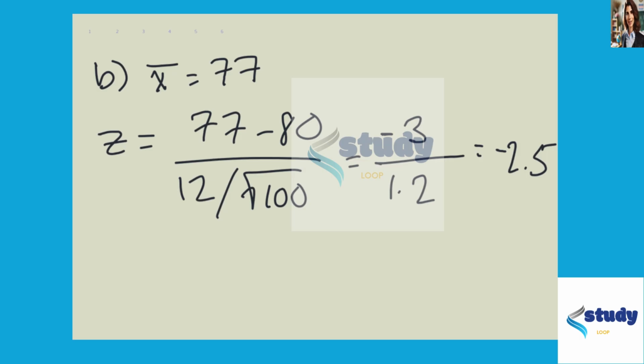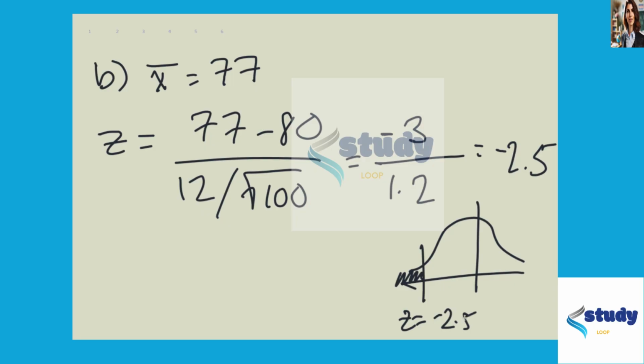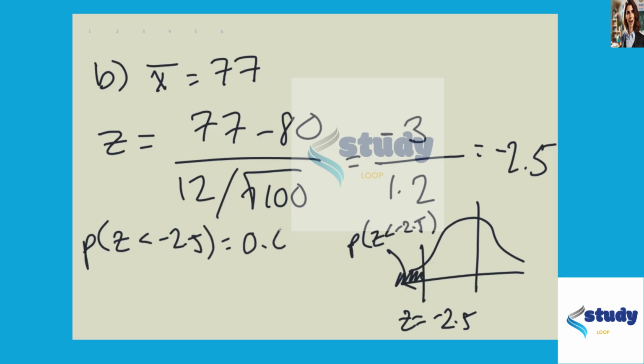If we draw our normal distribution here with a z-value of negative 2.5, we're finding the area to the left of negative 2.5 and underneath this curve. The probability that z is less than negative 2.5. So that's our p-value, which is equal to 0.006.